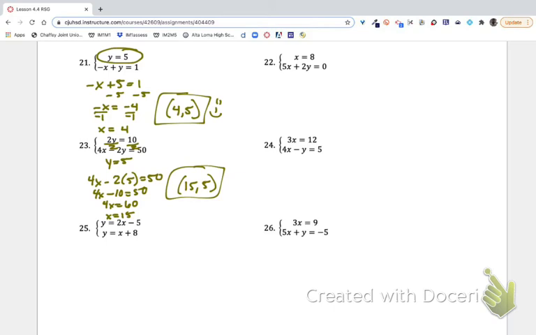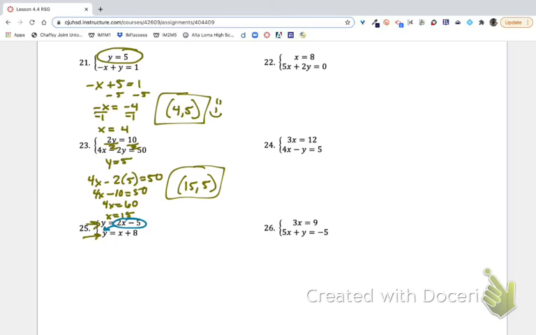For number 25, this one is incredibly challenging because now I've got two equations that both have y equals something. So here's what we can do. We can take this y value and plug it in here. It's just like when y equals 5, but now it's y equals 2x minus 5.